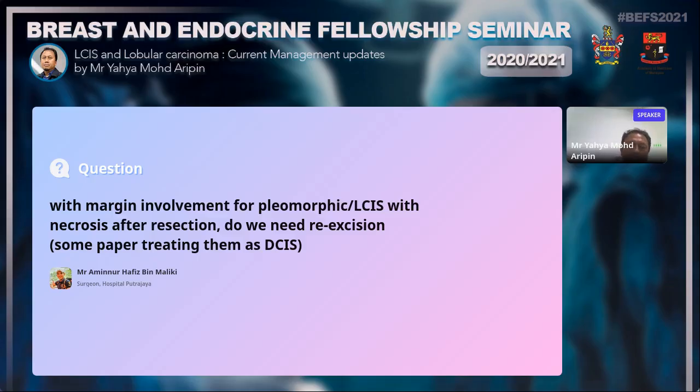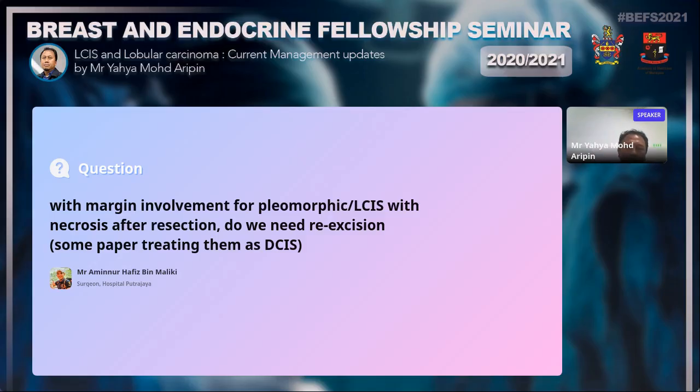Normally, when you excise a lesion, you mark the margins: superior, inferior, lateral, medial, superficial and deep.